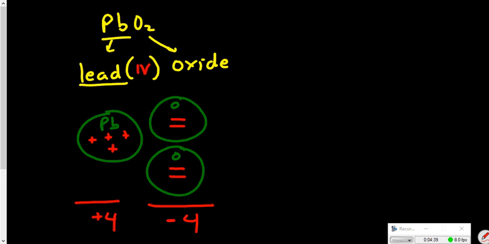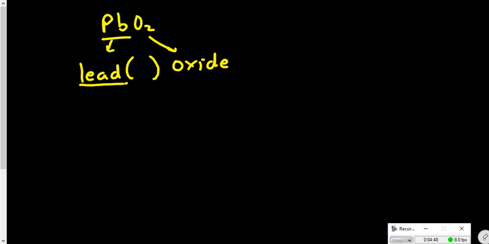I'll use the Roman numeral IV because we don't use numbers in a name. Lead(IV) oxide. But there's another way to think about this. If you prefer to think in terms of math and numbers, you can see I've got one lead at whatever its charge is, and I have 2 oxygens times whatever their charge is. We know the charge on oxygen is -2.